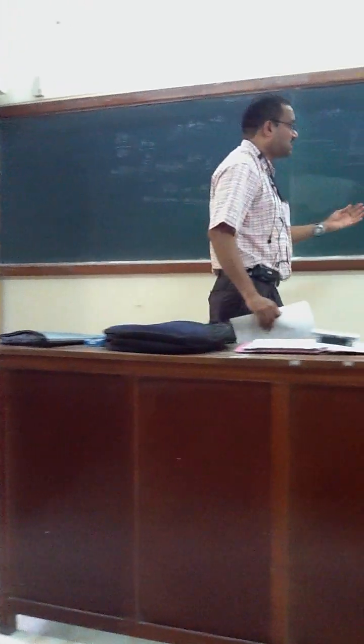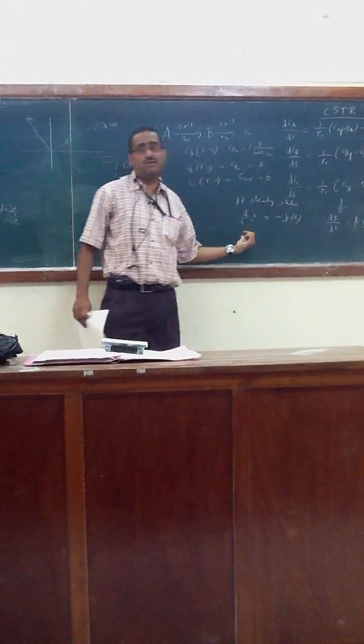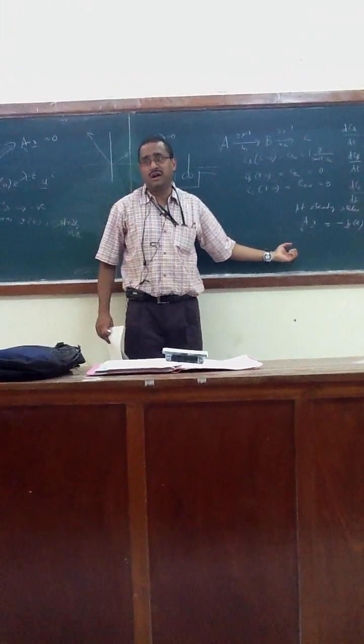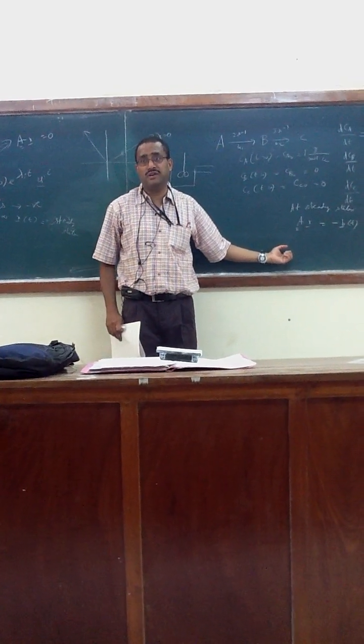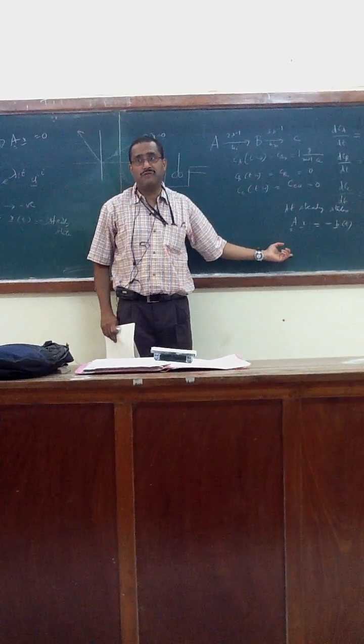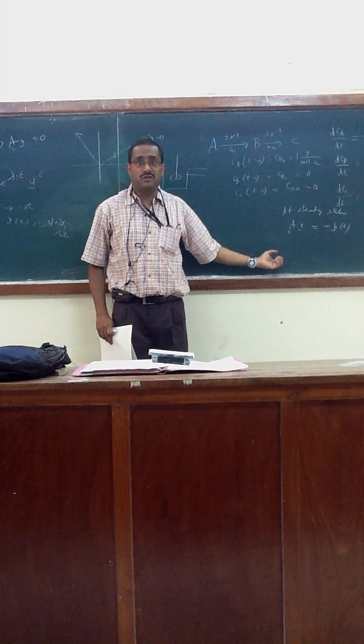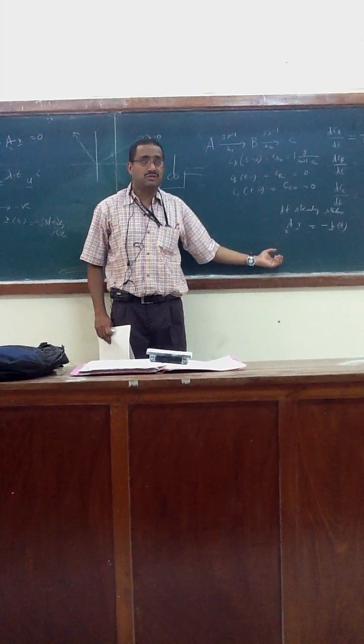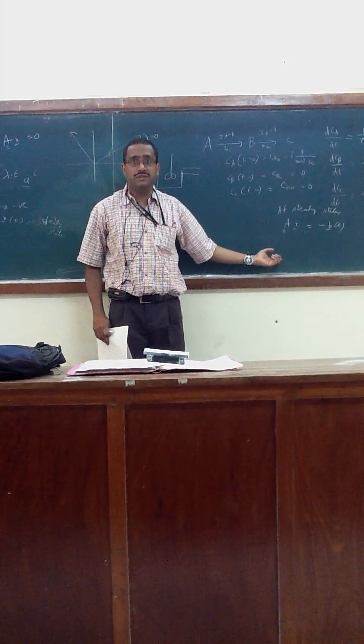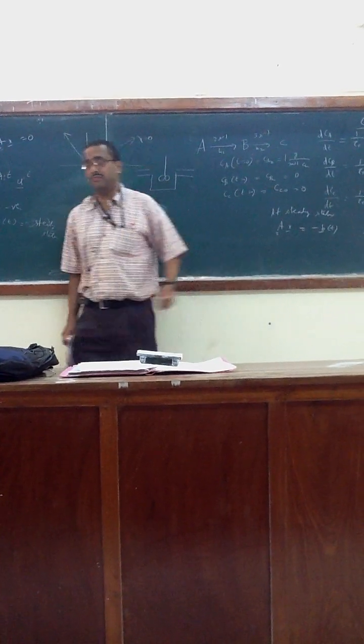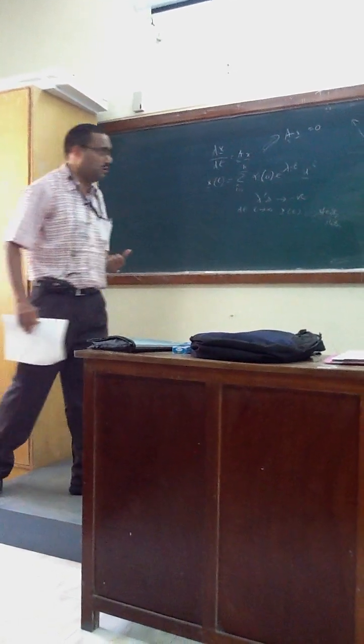That means if this kind of system is there and the determinant of A is non-zero, definitely in that case you have a 100% guarantee of a unique solution. If the determinant of A is 0, you can get a non-trivial solution which is non-unique if the rank of A is equal to the rank of the augmented matrix. There are so many things to remember.